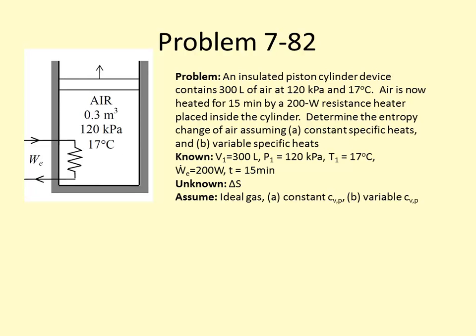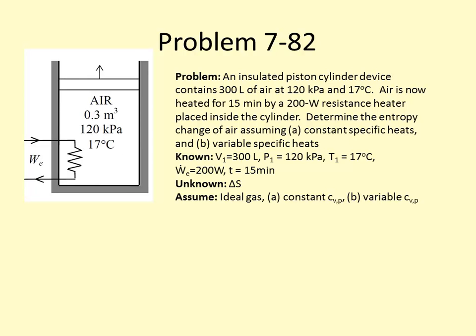So if we look in our table, let's go to table A17 for air. We want to find where H is equal to 706.34 kilojoules per kilogram. Looking in here, it's somewhere between 690 and 700 Kelvin. At this point, the temperature is not what we're looking for. We're looking for S superscript 0, the reference entropy.